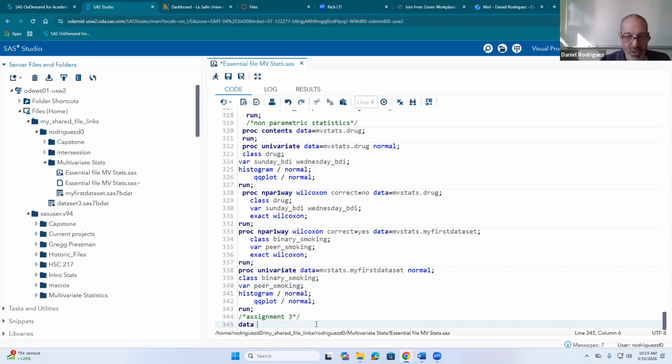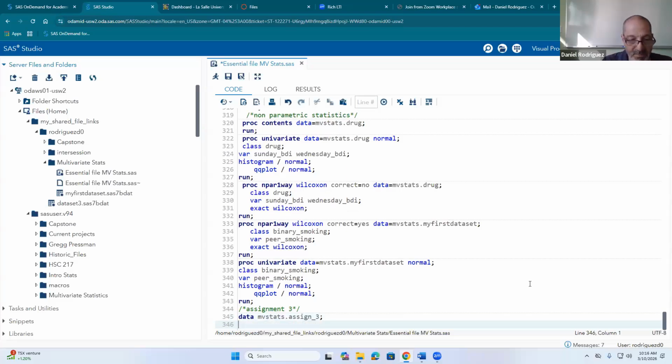data. What do we want to call it? We're going to stick it in the MV stats library, and I'll call it assign_3. All right, so this is how we start. This is going to be my new data file called assign_3. Notice that I have the underscore there to not cause any confusion.